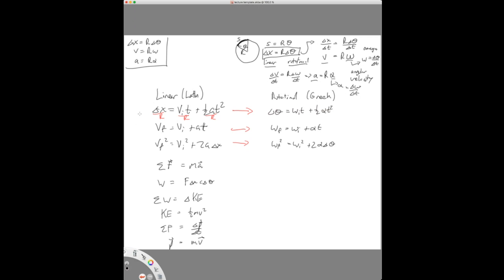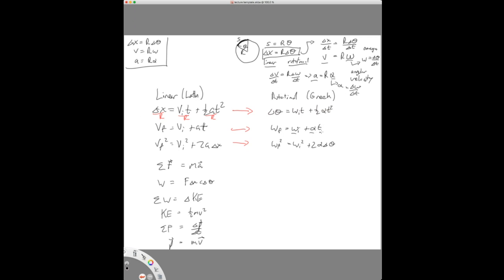So for example, if we had a problem that said a car starts at 50 meters per second and accelerates at 2 meters per second squared for 5 seconds, how fast is it going? We would immediately think, okay, we know the initial velocity, the acceleration, and time, we'll find v final, right? And so the Greek version would be if we have something rotating at 5 radians per second and it accelerates at 2 radians per second squared for 5 seconds, what is its final angular velocity?